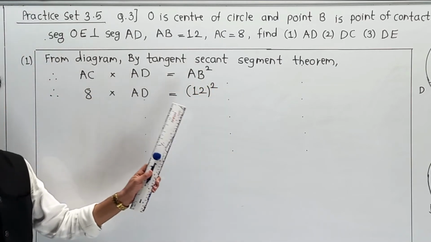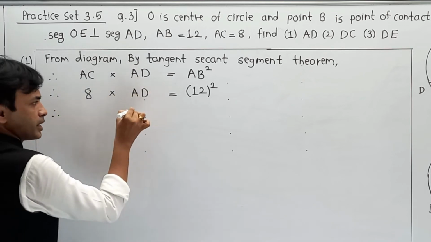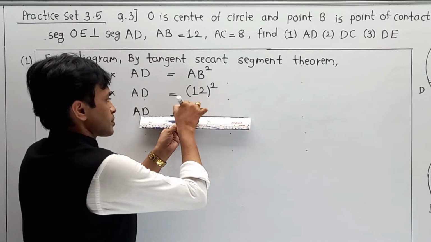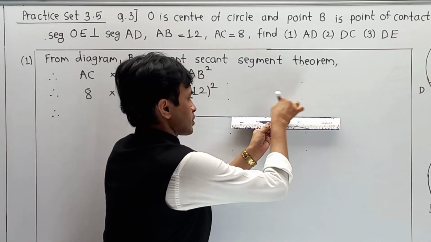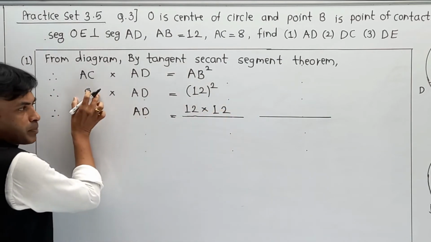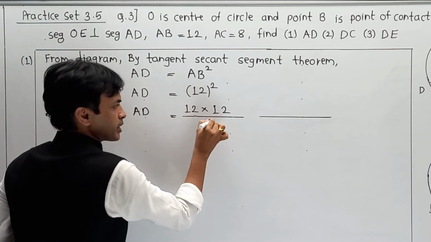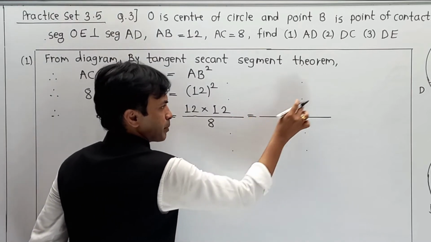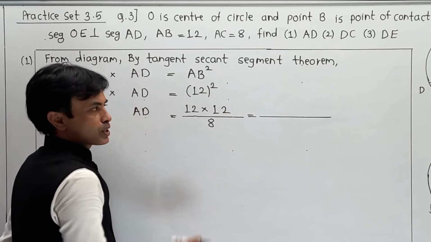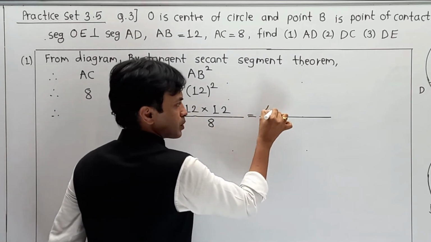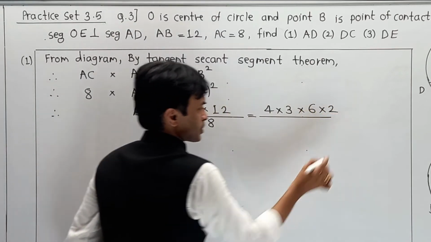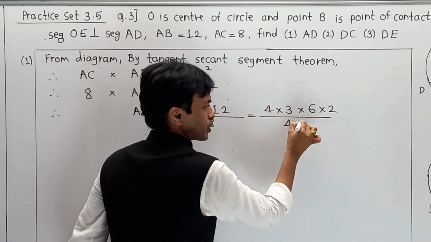Now the next part is simplification, and AD equals 12 square, that is 12 into 12, and this 8 is multiplied, so it comes to this side as divided by 8. Now 12 into 12: the first 12 I am going to write as 4 into 3, the second 12 as 6 into 2, and this 8 is going to split into 4 into 2.